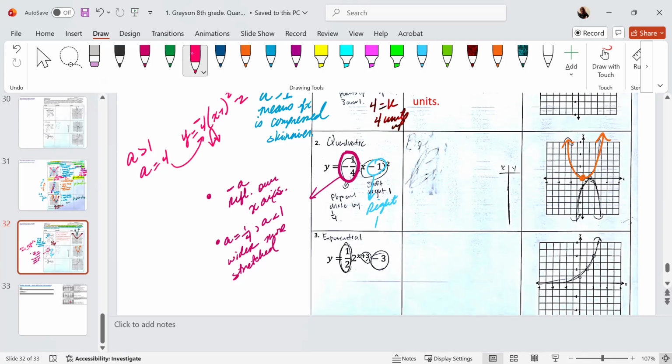So then this one is just to the right 1. It's not going up or down, correct? But it is negative, so it's upside down, and then it is wider, a lot wider, buddy. A lot wider. You see how wide it is? Good.